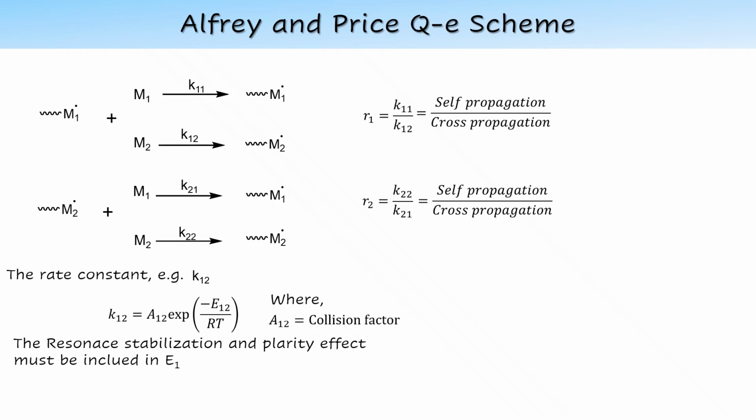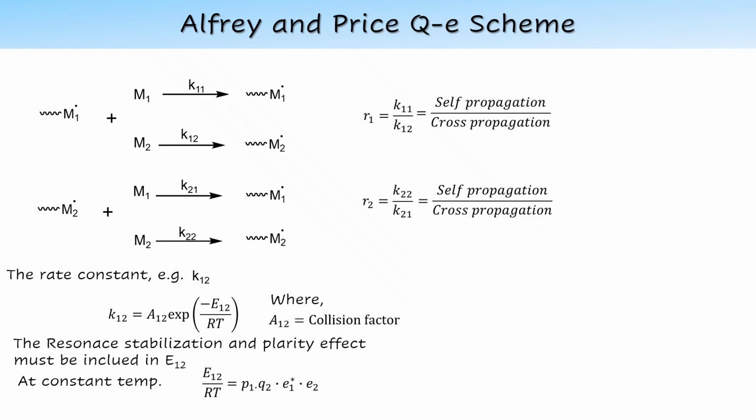Alfrey and Price proposed that the activation energy isn't just one number, it can be split into two chemically meaningful parts. First, resonance effect that describes how much the radical M1 and the monomer M2 are stabilized by conjugation. That's indicated by parameters P1 and Q2.